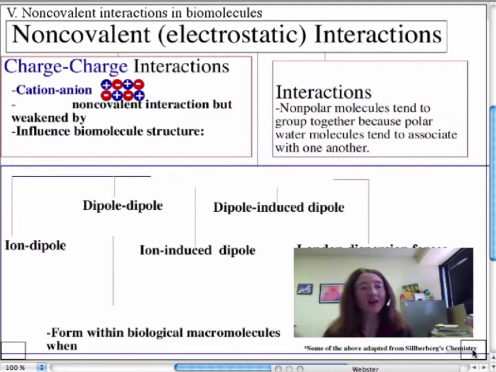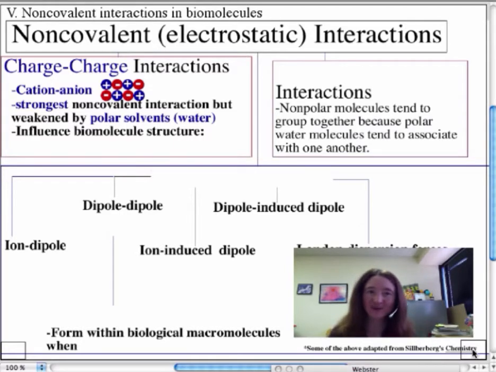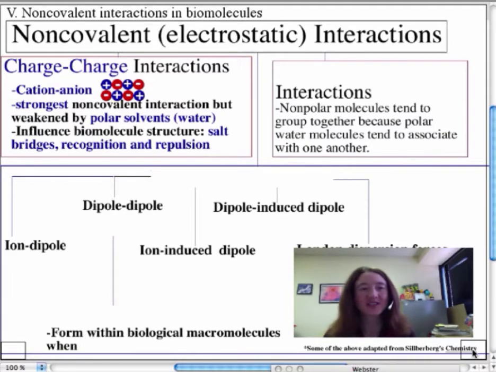So these are cation-anion interactions. They are the strongest of the non-covalent interactions, but they certainly are weakened by polar solvents, water, of course, being the most classic of those polar solvents. So they are strong, but only as compared to other non-covalent interactions, and they certainly influence biomolecule structure, proteins being one of the utmost and most talked about of those.